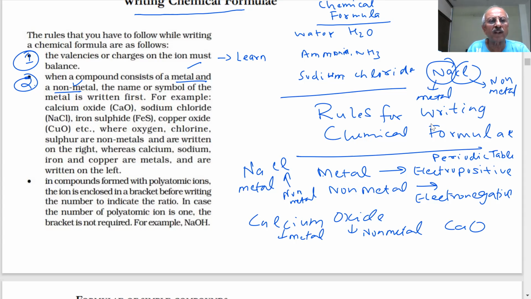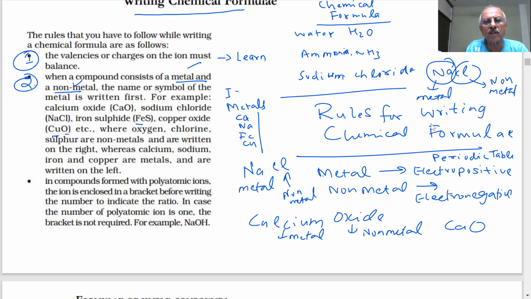These are some of the examples. Sodium chloride, iron sulfide. Iron is a metal, sulfur is a non-metal. Copper is a metal, oxygen is a non-metal. Chlorine and sulfur are non-metals and are written on the right side, whereas calcium, sodium, iron, copper are metals. Which are metals? Calcium, sodium, iron, and copper. They will be written first or second?